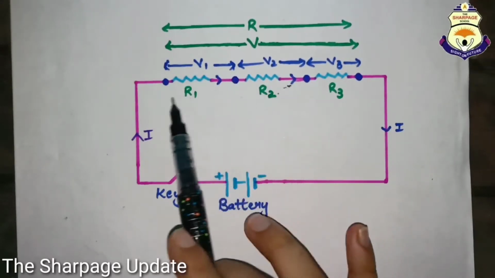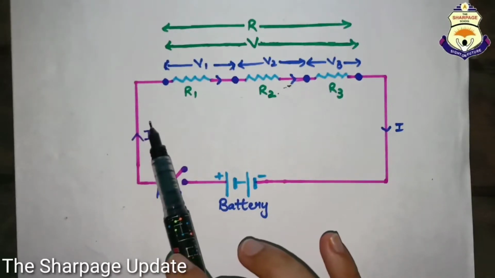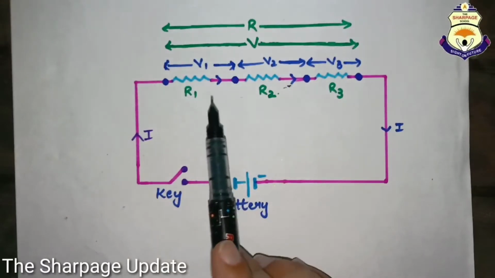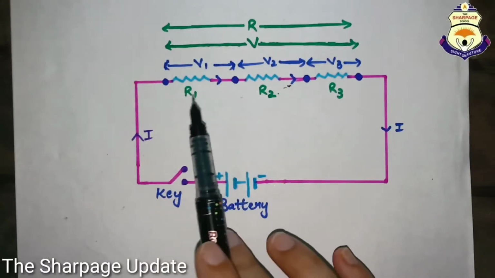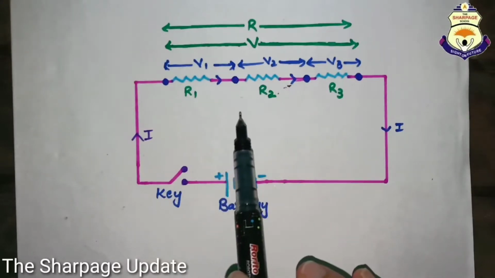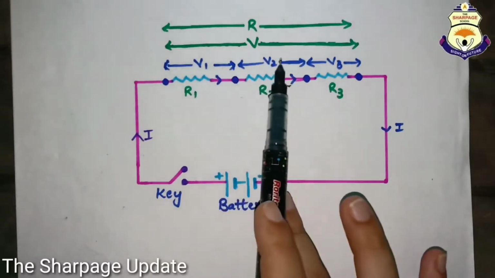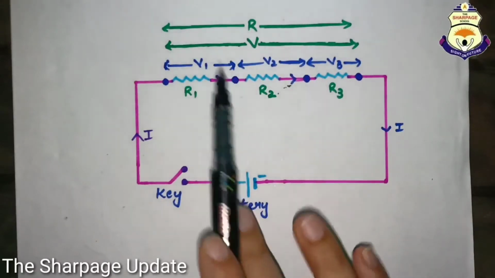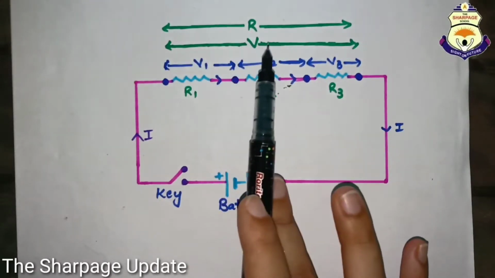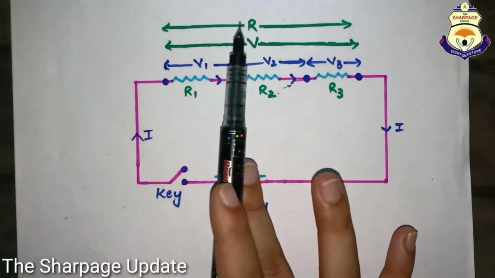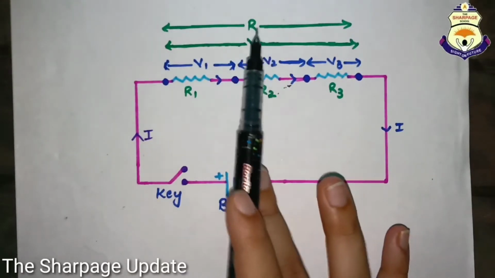As you can see, R1, R2 and R3 are connected in series and a current I flows through each of them. Here we can see V1, V2 and V3 is the potential difference across the three resistors. V is the total potential difference and R is the equivalent resistance.